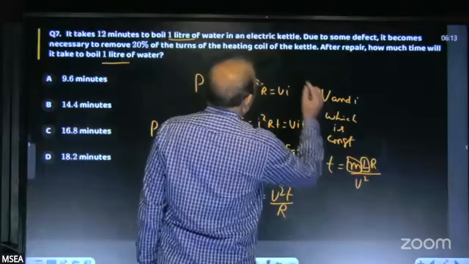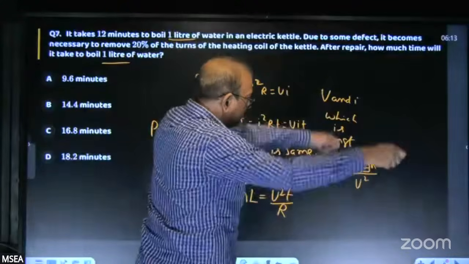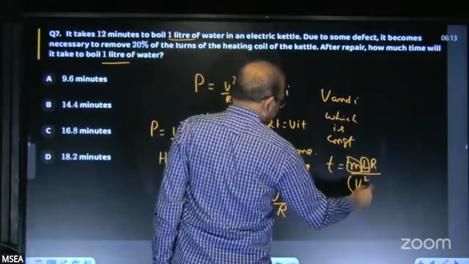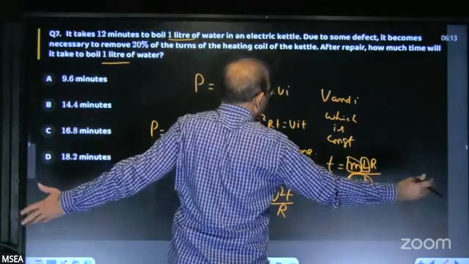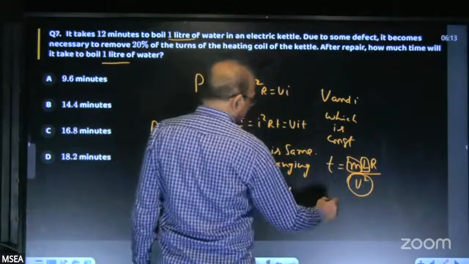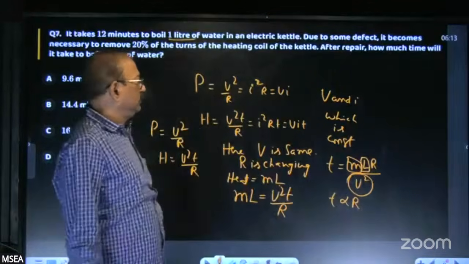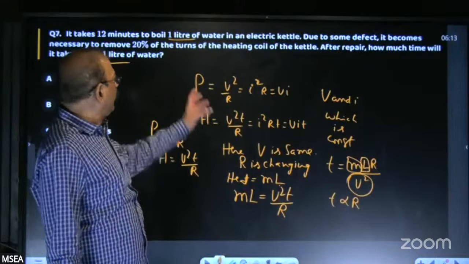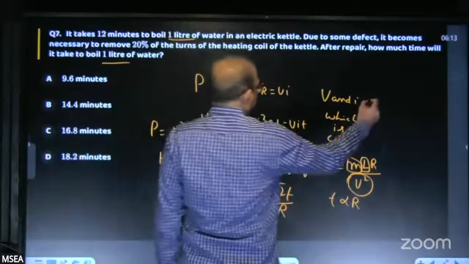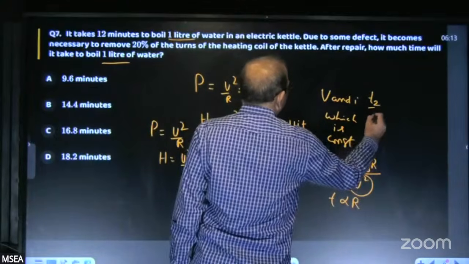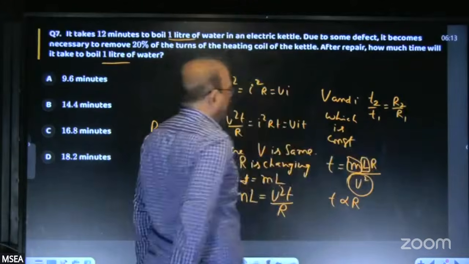And in both cases, that coil is connected to the same mains, voltage same. mL by V square is a constant. That means I can write time proportional to resistance. The time taken to boil water in this problem is proportional to resistance. Then T2 by T1 is R2 by R1.